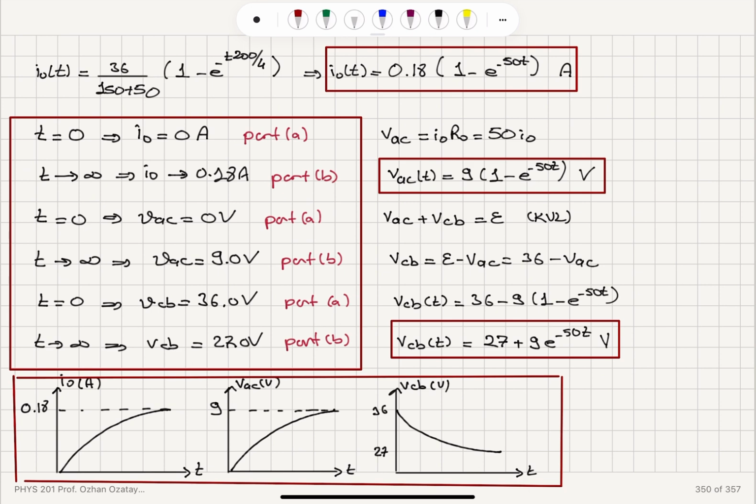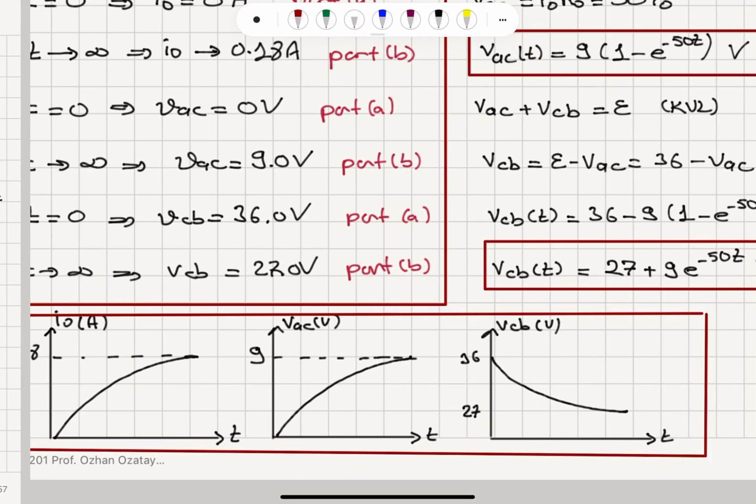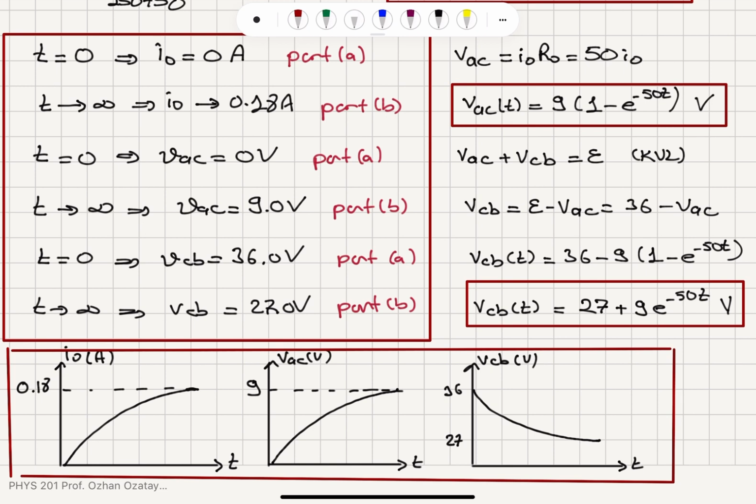Then VAC is simply I0R0 and VCB is epsilon minus VAC. Looking at the answers from this time dependence, I see a perfect agreement with parts A and B, and then I can plot the time dependence of I0, VAC, and VCB in this manner.